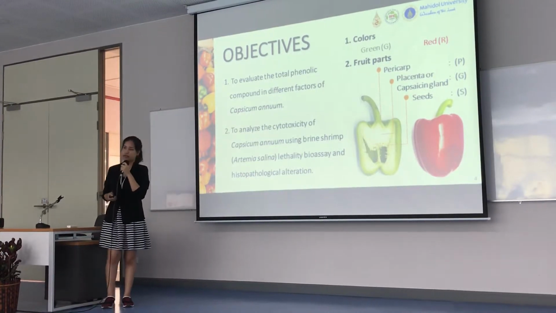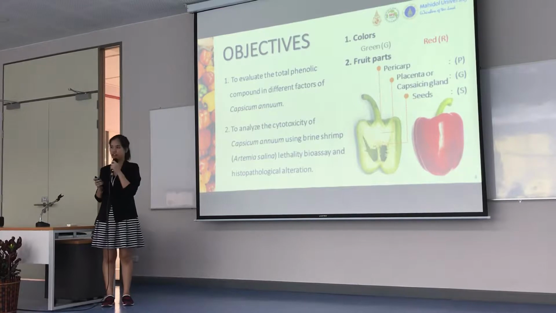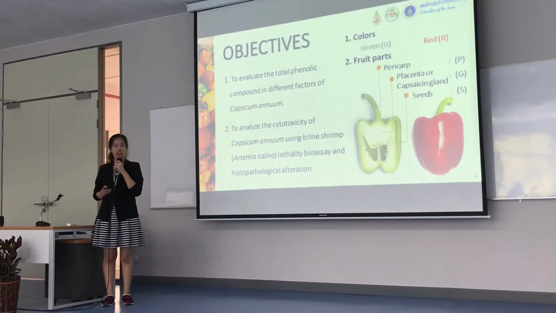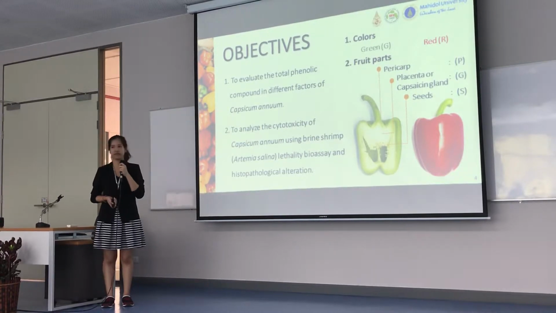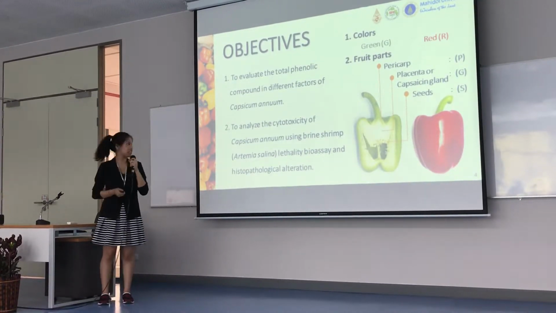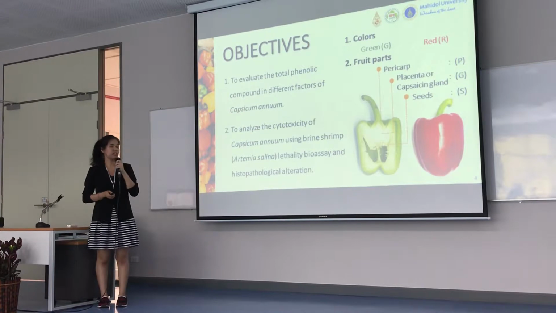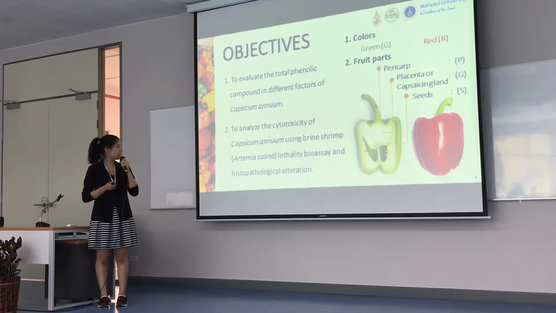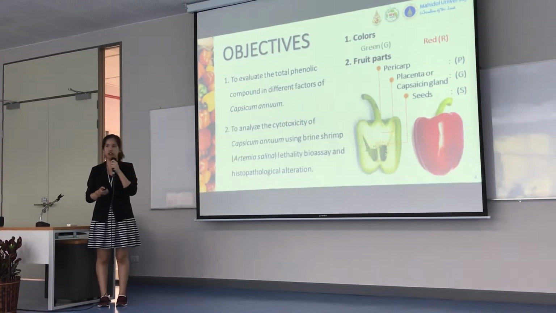Each experimental group is represented by two letters: the first represents the color, and the second represents the fruit part. The second objective is to analyze the cytotoxicity of Capsicum annuum using the brine shrimp, Artemia salina, lethality bioassay, and also observe the histopathological alteration.